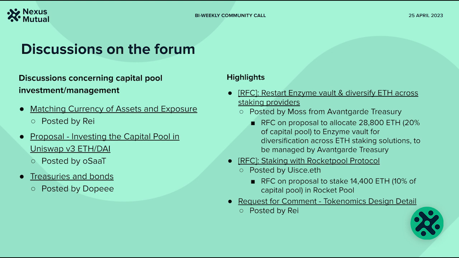We also have another RFC that was just posted late last night from uisce.eth. The RFC is to stake some of the ETH in the capital pool and allocate that with Rocket Pool. This RFC is proposing to stake 14,400 ETH, or 10% of the capital pool, in Rocket Pool.